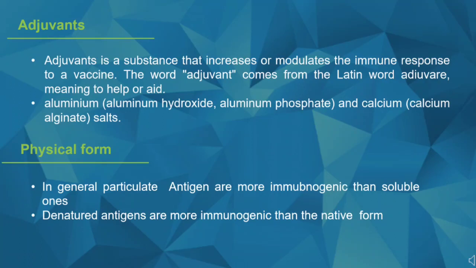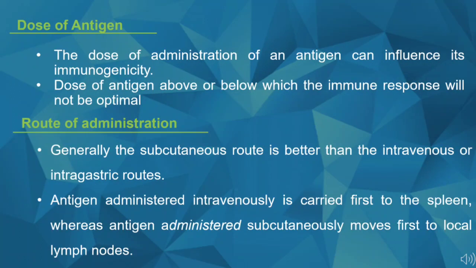And the next is physical form. In general, particulate antigens are more immunogenic than soluble ones. Denatured antigens are more immunogenic than the native form. And the next is the dose of antigen. An antigen can influence its immunogenicity by the dose administered.